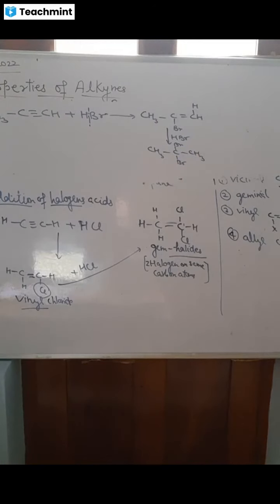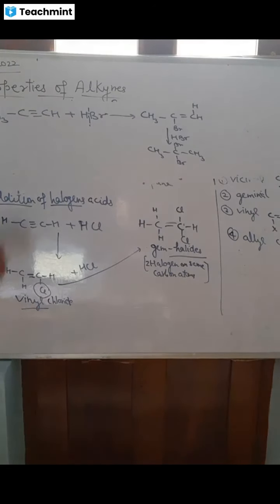For an unsymmetrical alkyne, the addition of water and halogen acids is done on the basis of Markovnikov's rule. तो इस तरीके से आपको Markovnikov's rule के according एडिशन करना है.